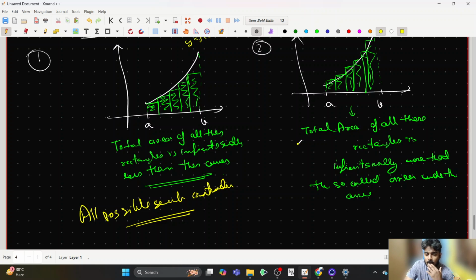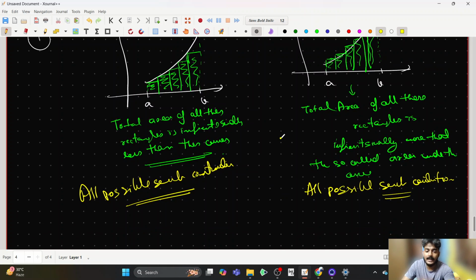And in this case, we are also trying to do the same thing: all possible such rectangles which have a total area slightly larger than the area under the curve. Okay, such constructions. Now, after doing that, if I take the maximum possible area here.